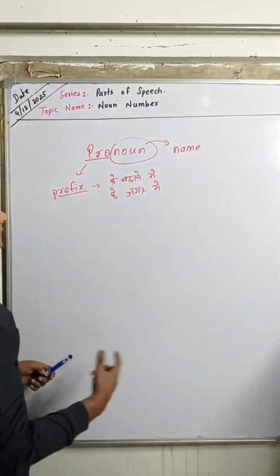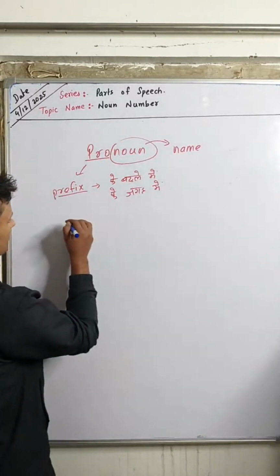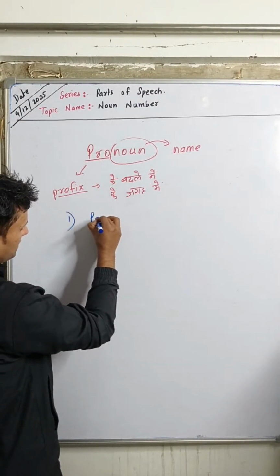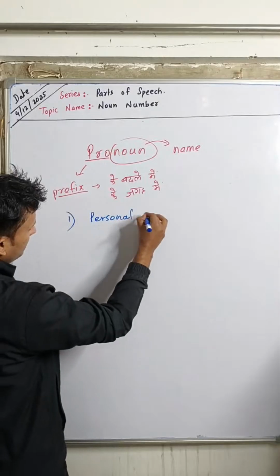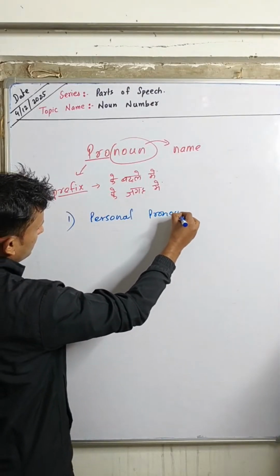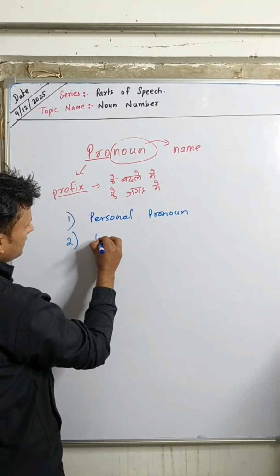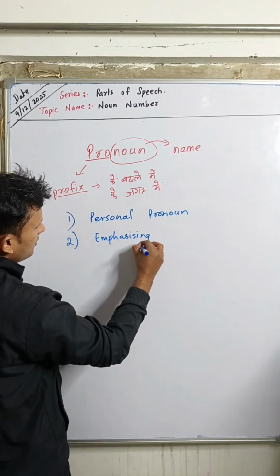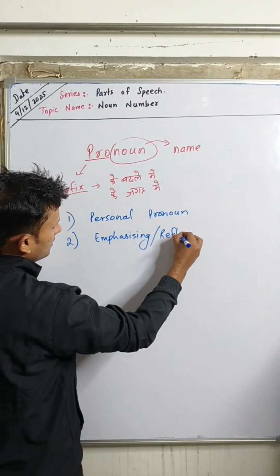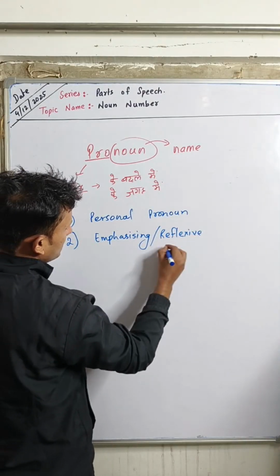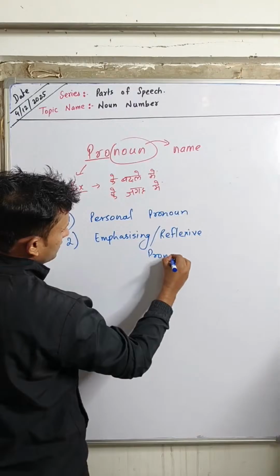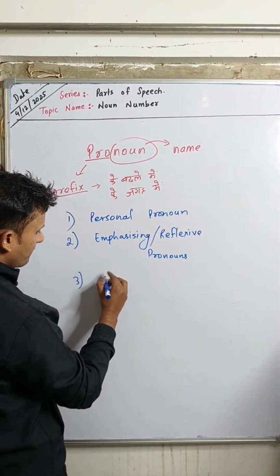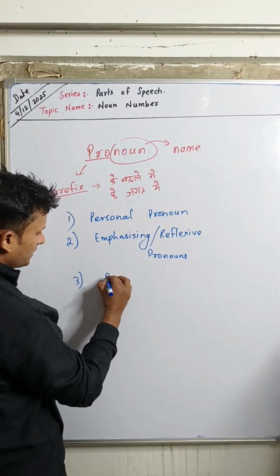Among those seven or eight types, there are three important types which we'll talk about deeply. The first one is personal pronoun. The second one is emphasizing or reflexive pronouns. The third one is possessive, I think.